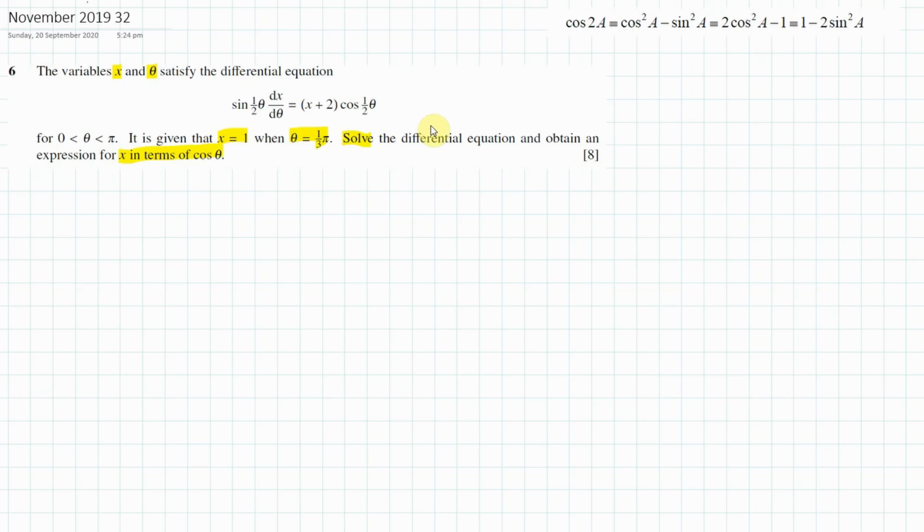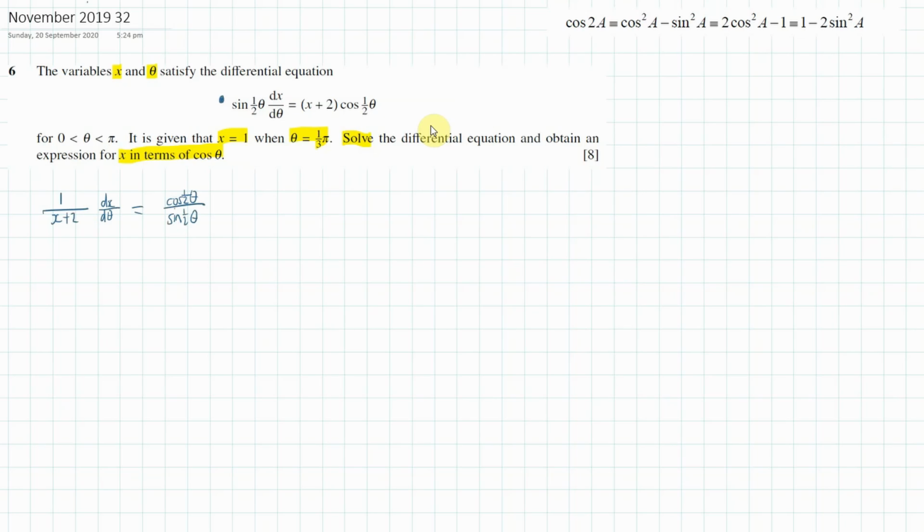Well, in this case, my first step is to look at this equation here, and I am going to bring across to the left-hand side 1 over x plus 2, and dx d theta equals cosine 1/2 theta over sine 1/2 theta.